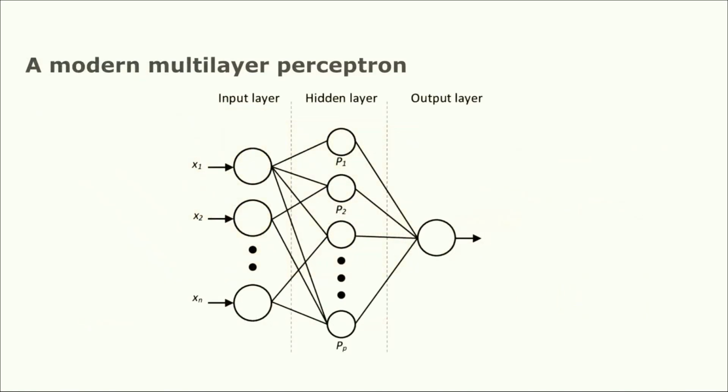In the 70s and 80s, the backpropagation algorithm was introduced, and people started training multilayer perceptrons as fully differentiable functions. A multilayer perceptron stacks the components that we saw before. We call input layer the layer that takes the X input features, which in the case of images are pixels.